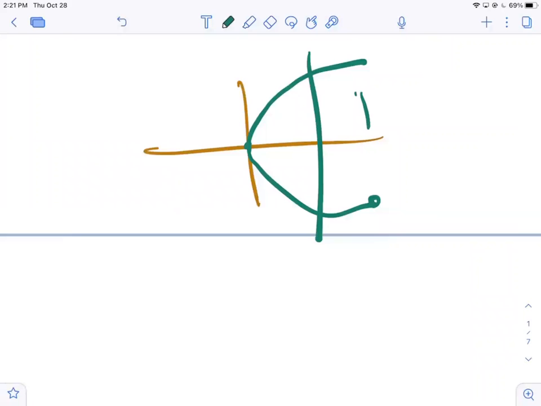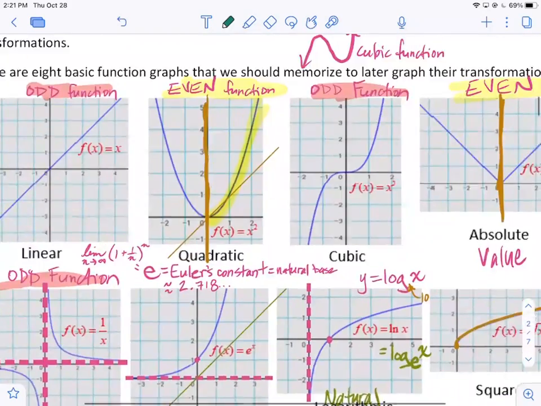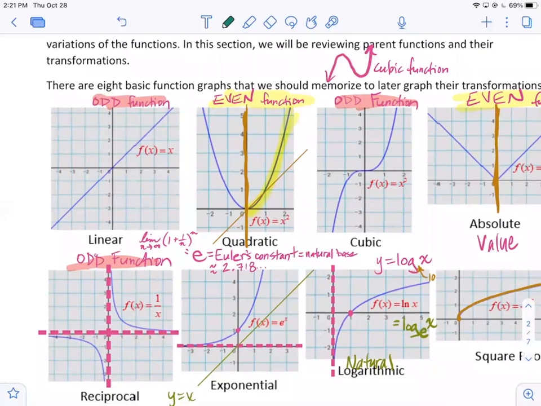Uh-oh, fails the vertical line test. A function can't have x-axis symmetry unless you're one guy. There's one function, and only one function, that does have x-axis symmetry and is a function. Okay, I'll let you think about that. So they don't have x-axis symmetry, but they do have another symmetry, right?